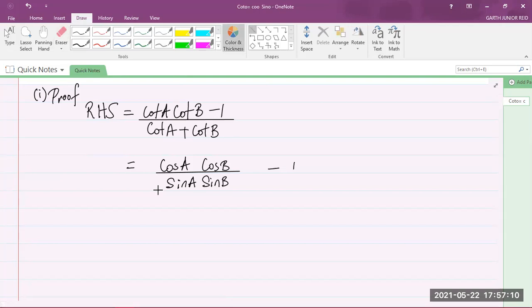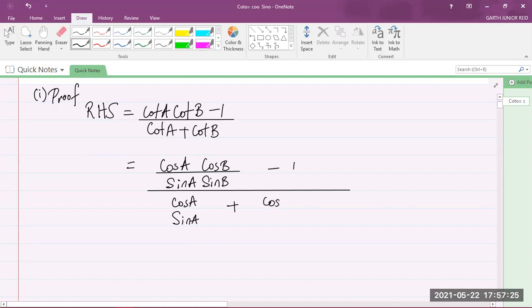And I'm dividing all of that by the cot of A, which we know is cos A over the sine of A, plus cot B, which we know is the cos of B over the sine of B. Let me draw the line here for you. So cos A divided by sine A, and cos B divided by sine B.